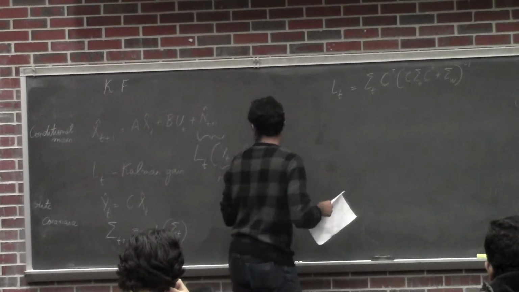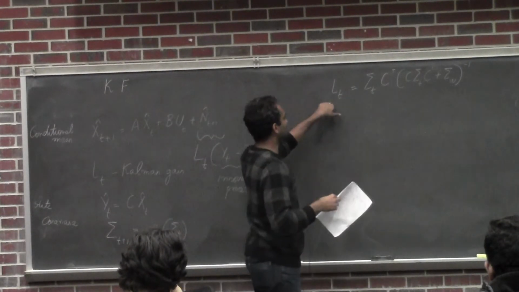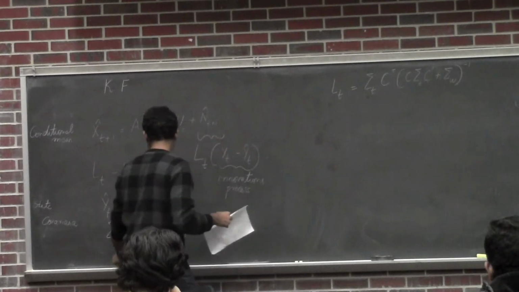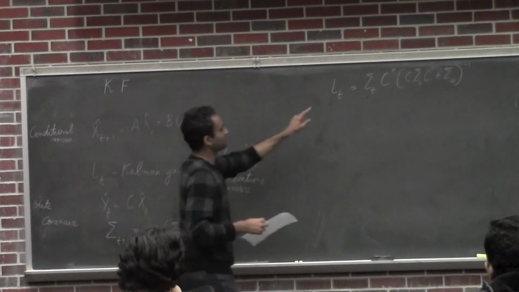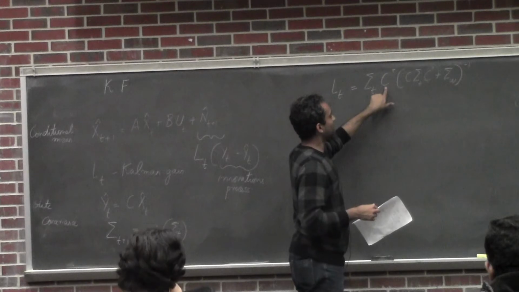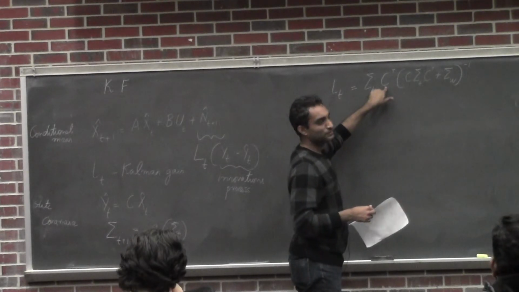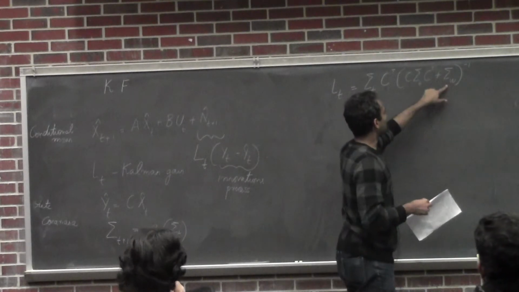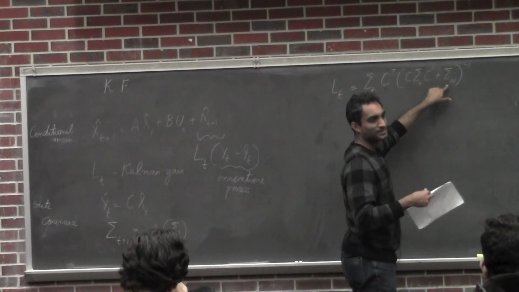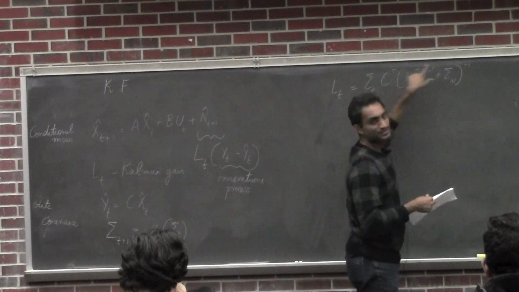The Kalman gain can be expressed in terms of the covariance, and C is something that we know, and you know what the covariance of the measurement noise is. So this can be computed.